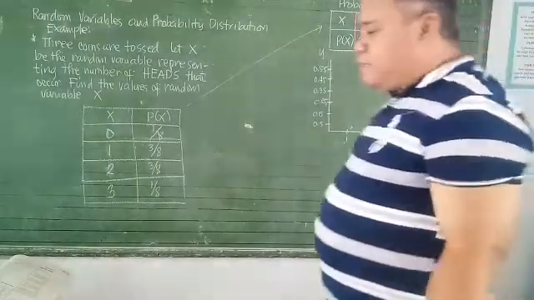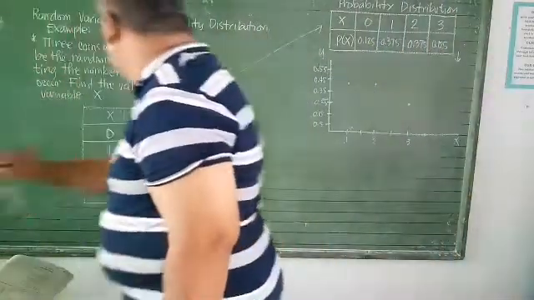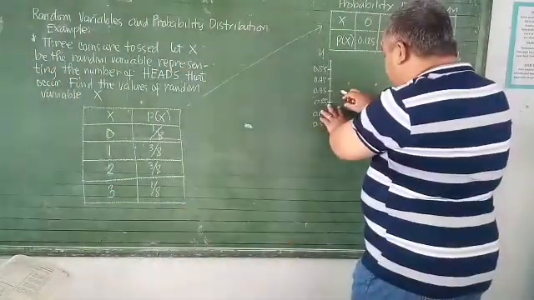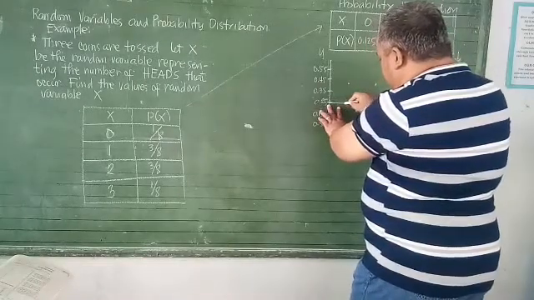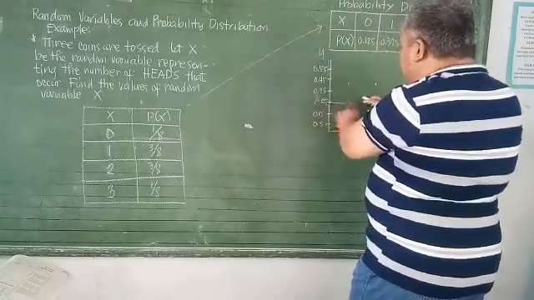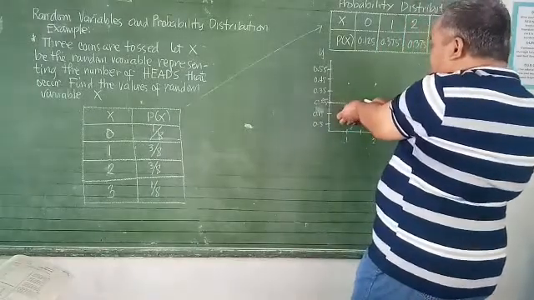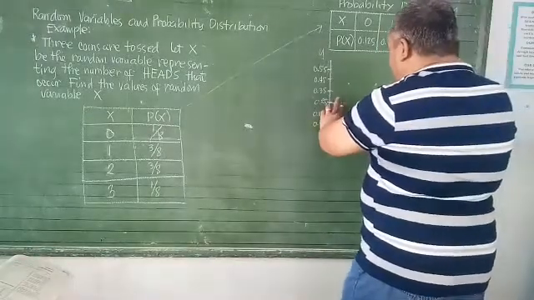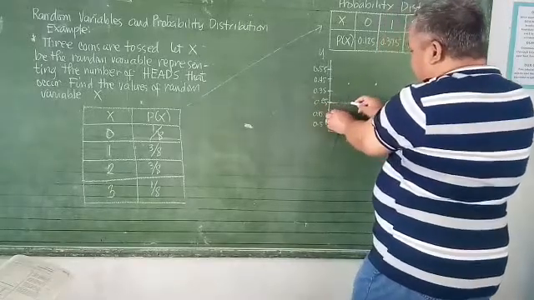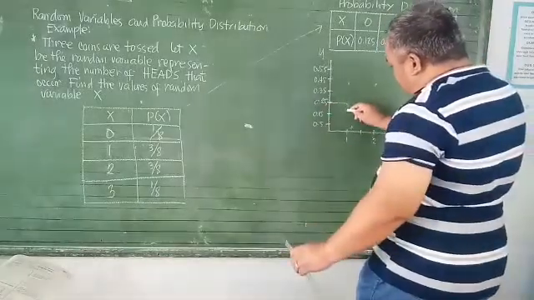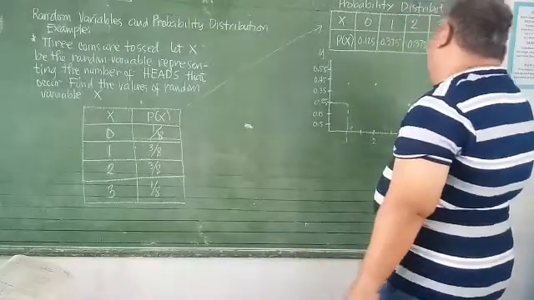Okay, so let us now connect these points. This is 0, and we make the bar width here. Since it is 0 to 1, it extends up to 1, so it would be up to here. Then the 1, you connect it here, going to 2. Then the next one goes to 3.